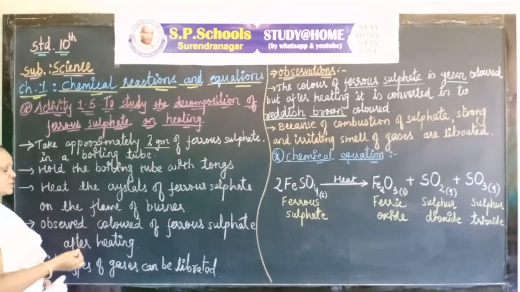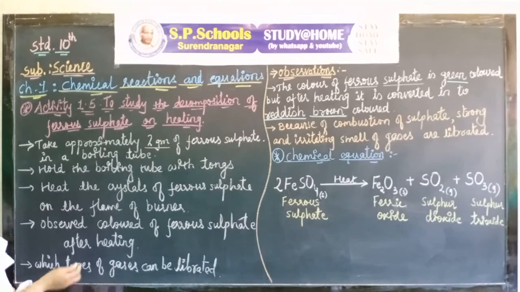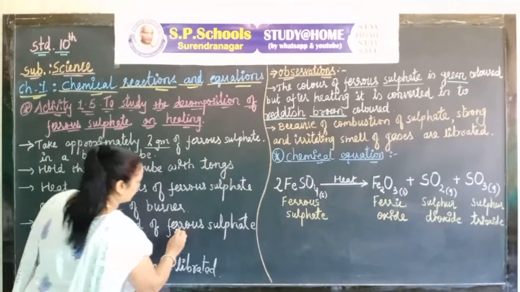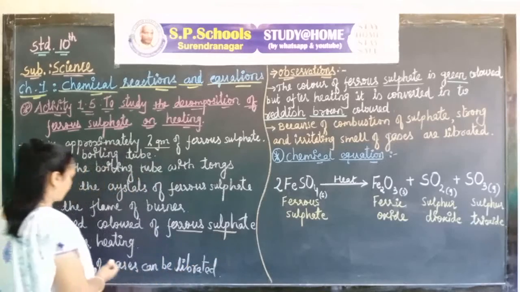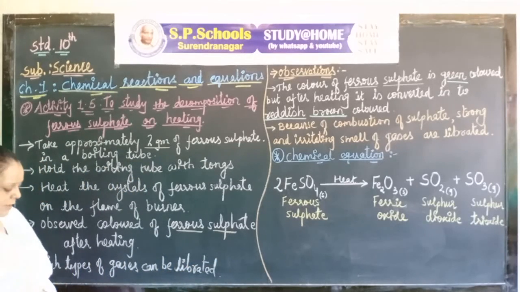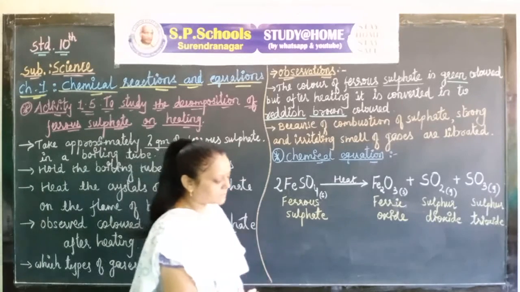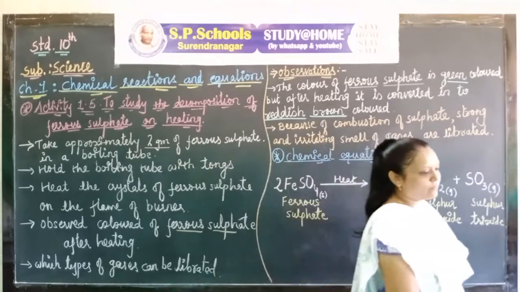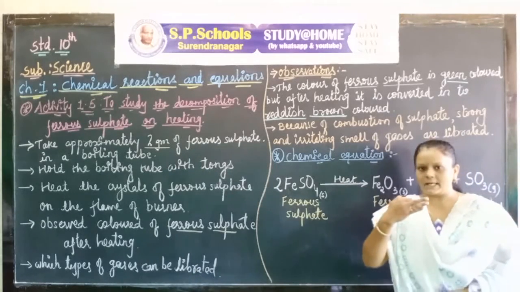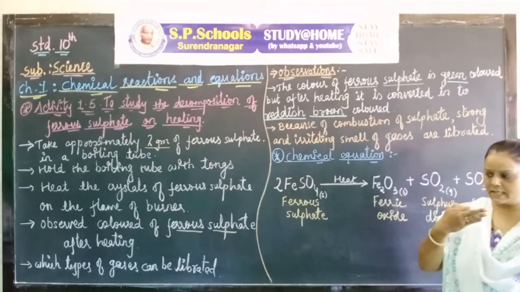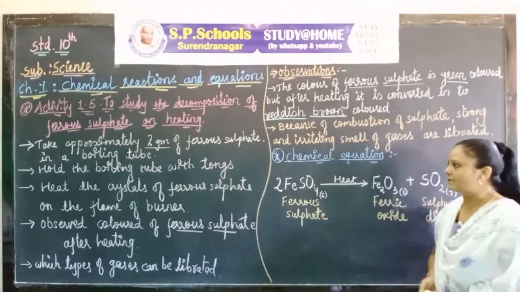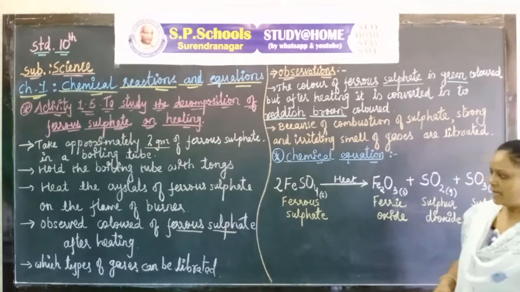Heat the crystals of ferrous sulfate on the flame of the burner. Observe the color of ferrous sulfate after heating and which type of gases are released. You can smell the gases carefully, not directly.